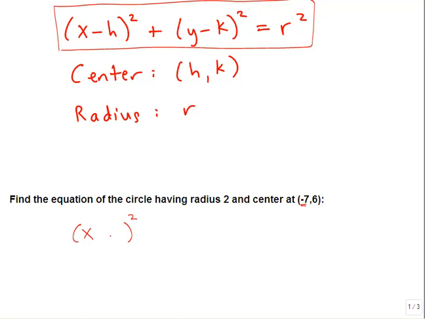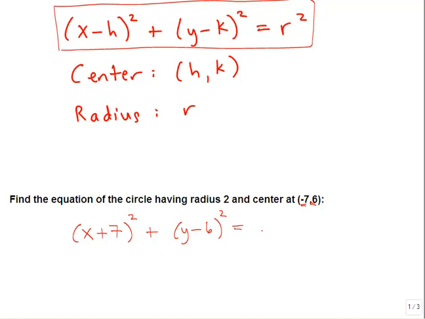And remember, opposite signs. So if I want my center to be at negative 7, then I need to see a plus 7 in those parentheses. Likewise, if I want to get a y value of 6, then I need to see a y minus 6 quantity squared so that I get the right signs.